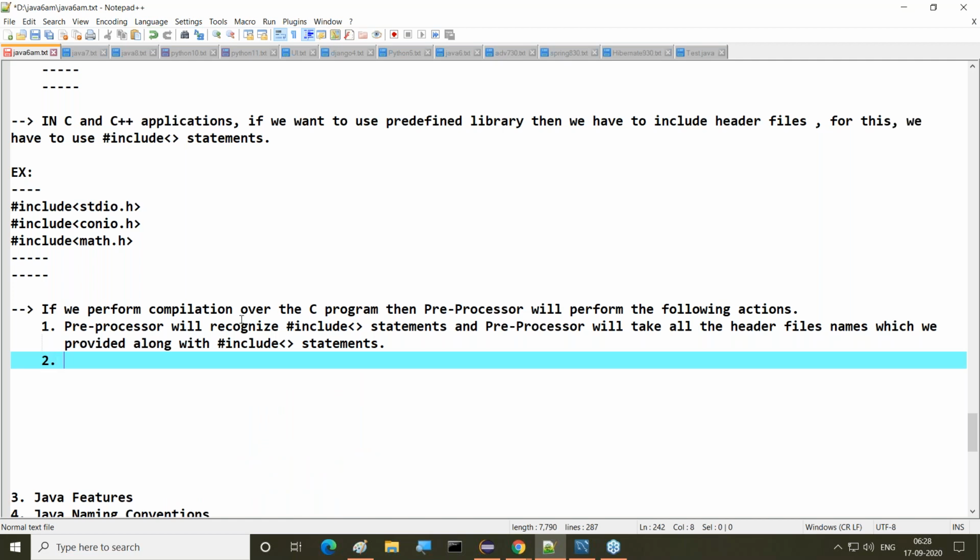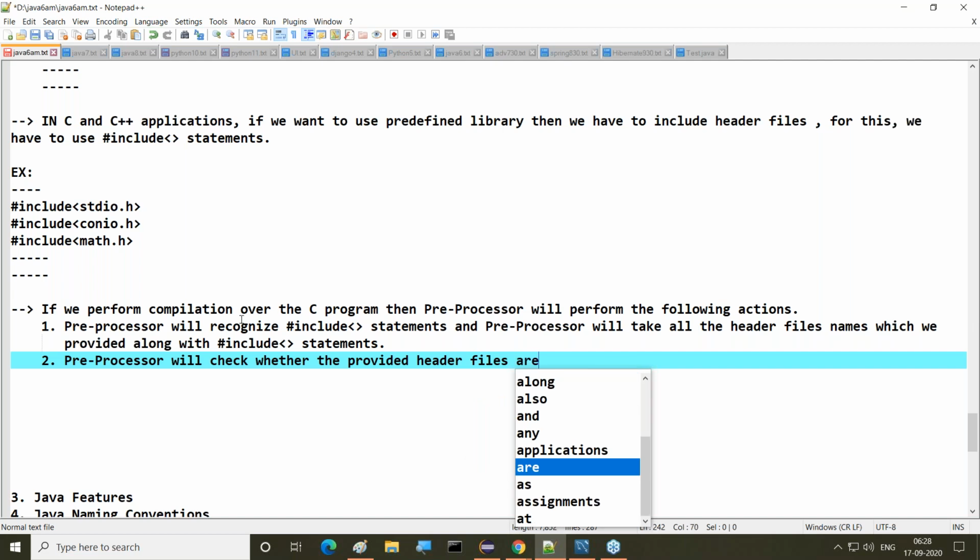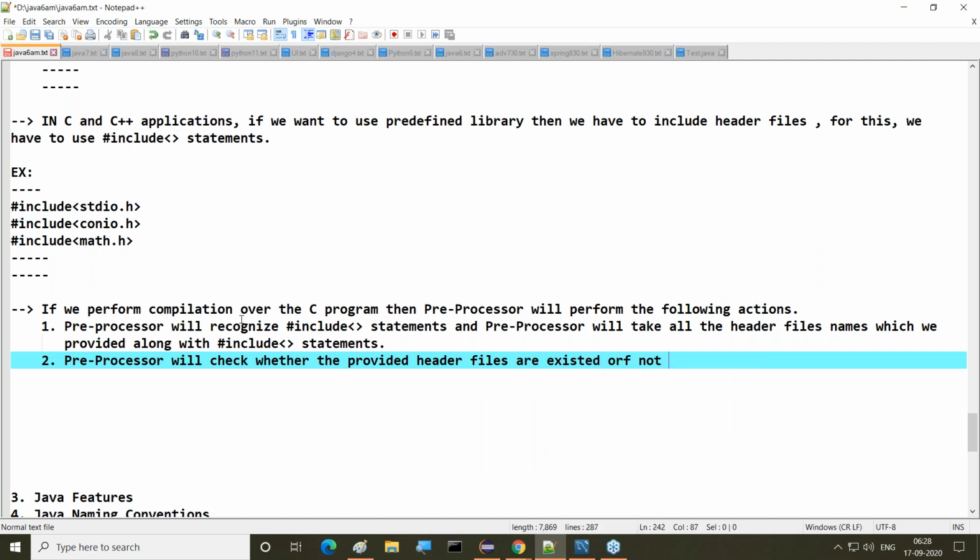The second point would be, the preprocessor will check whether the specified, whether the provided header files exist or not, in the C and C++ predefined library.